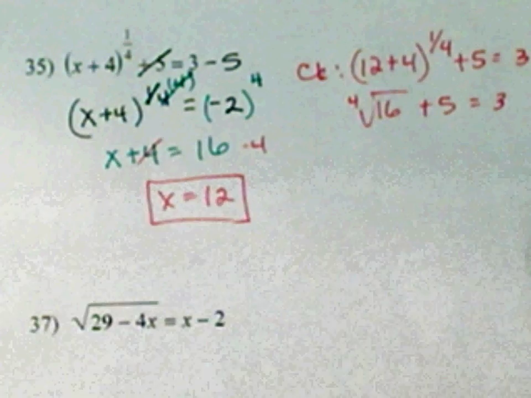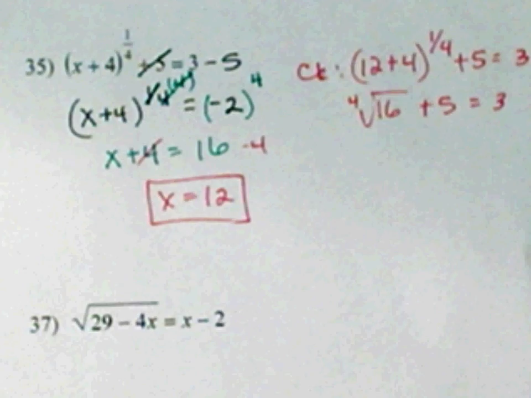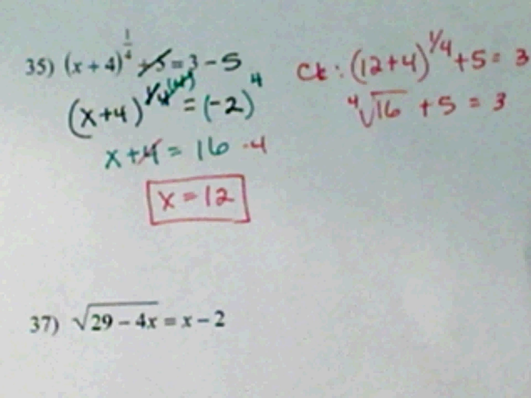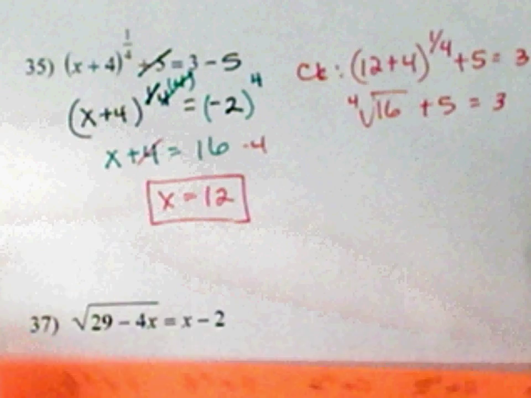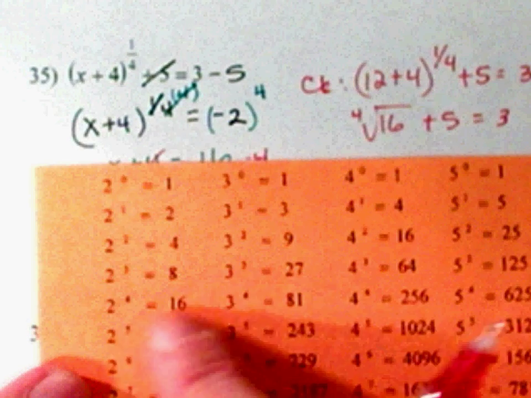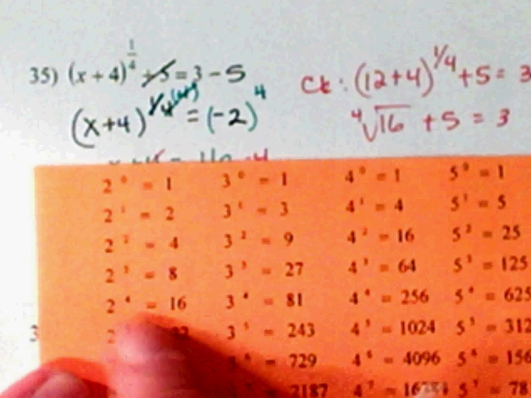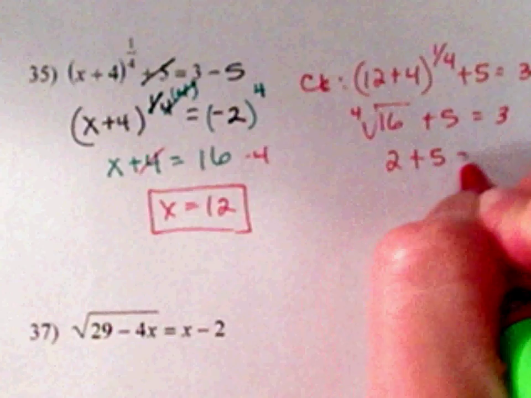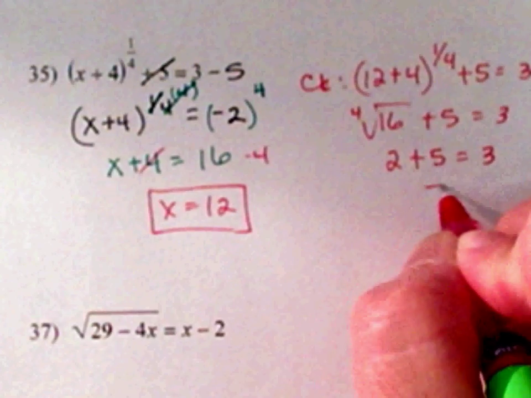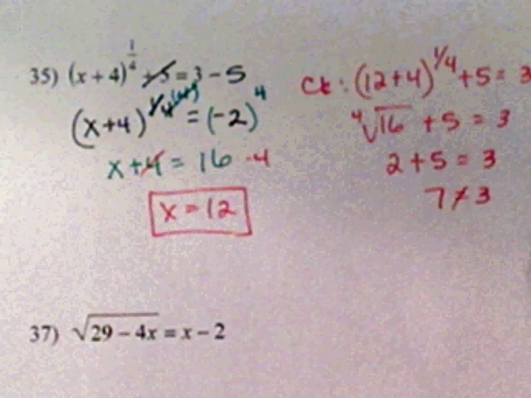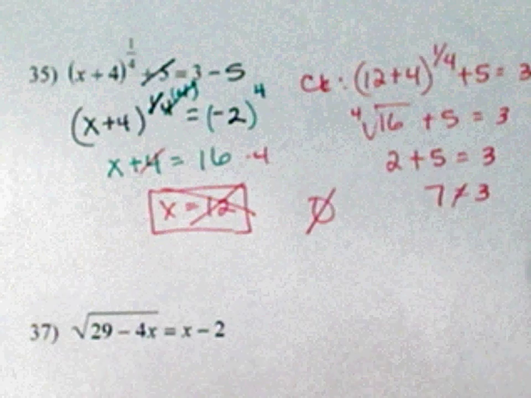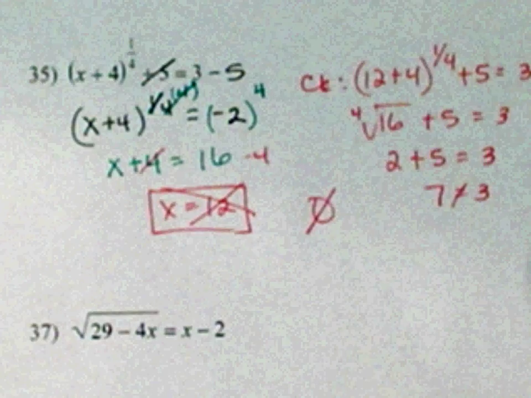I believe that's 2. I think. Let me see. 4th root of 16 is 2. Okay? See how that's 2 right there? So 2 plus 5 is equal to 3. 2 plus 5 is 7. Is 7 equal to 3? No. So guess what? That's not the answer. That is a no solution. Okay. All right. There's not a solution that works for it.